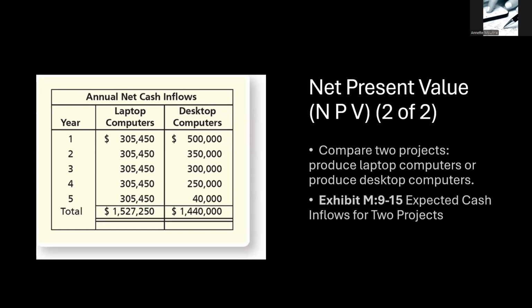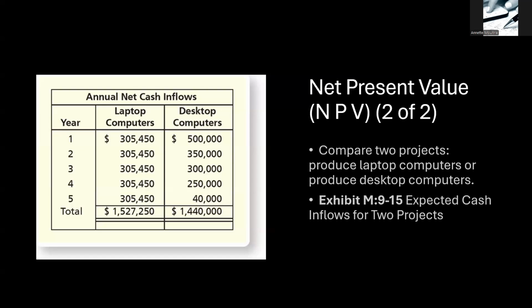So each one will be a separate project. The projects each require the purchase of one specialized machine. Now, each one of these machines costs $1 million, has a 5-year life, and has 0 residual value.